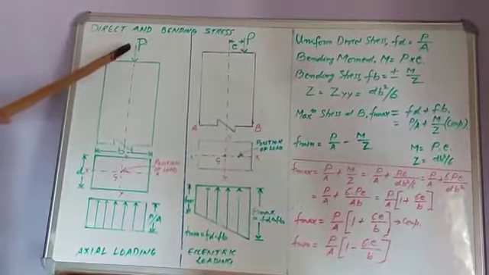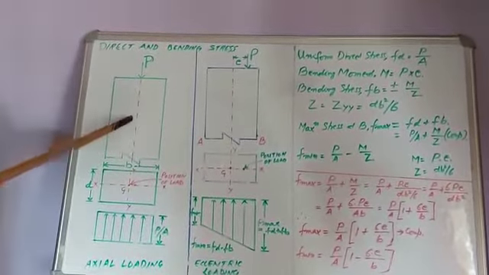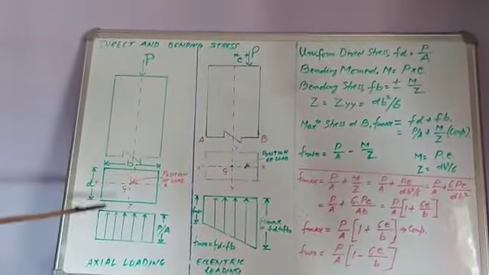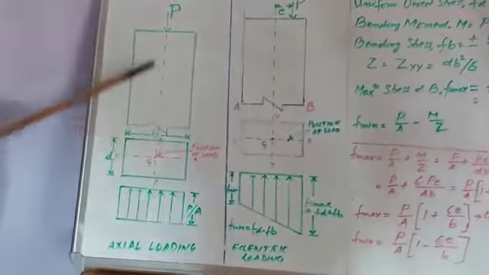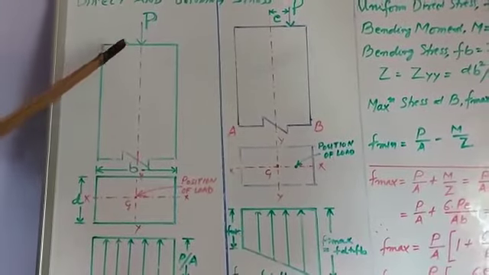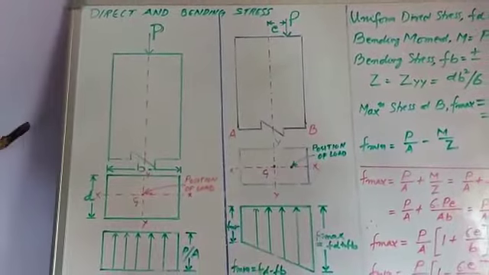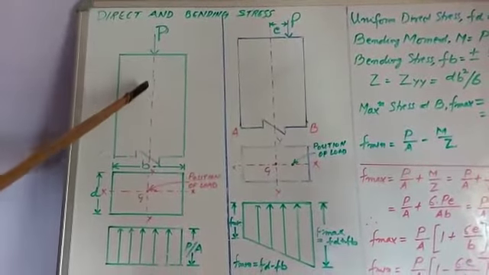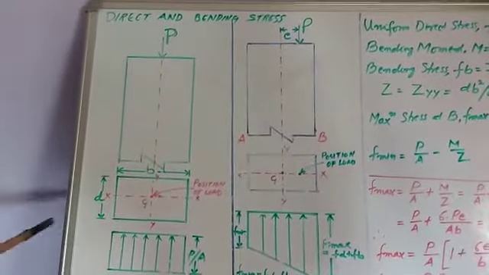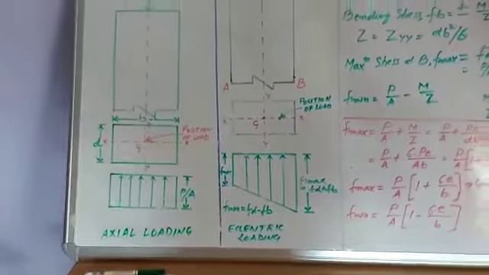Here we have provided a load through the axis of the beam, that is the CG line. If you see the plan over here, just at the CG, the load has been applied. So when the load coincides with the axis of the column, or the load passes through the axis of the column, then we call that axial loading.